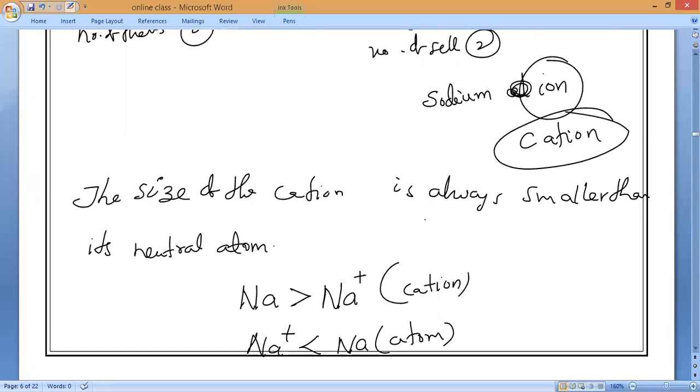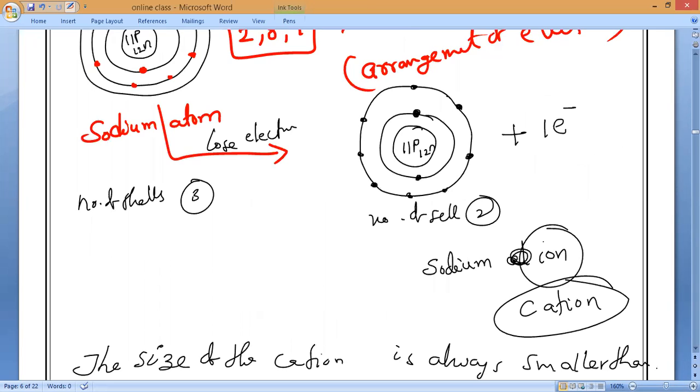Just now I said one statement about cations. Cations means positive charge or negative charge? Positive charge. It is by loss of electrons or gain of electrons? By loss of electrons. Cations form by loss of electrons.